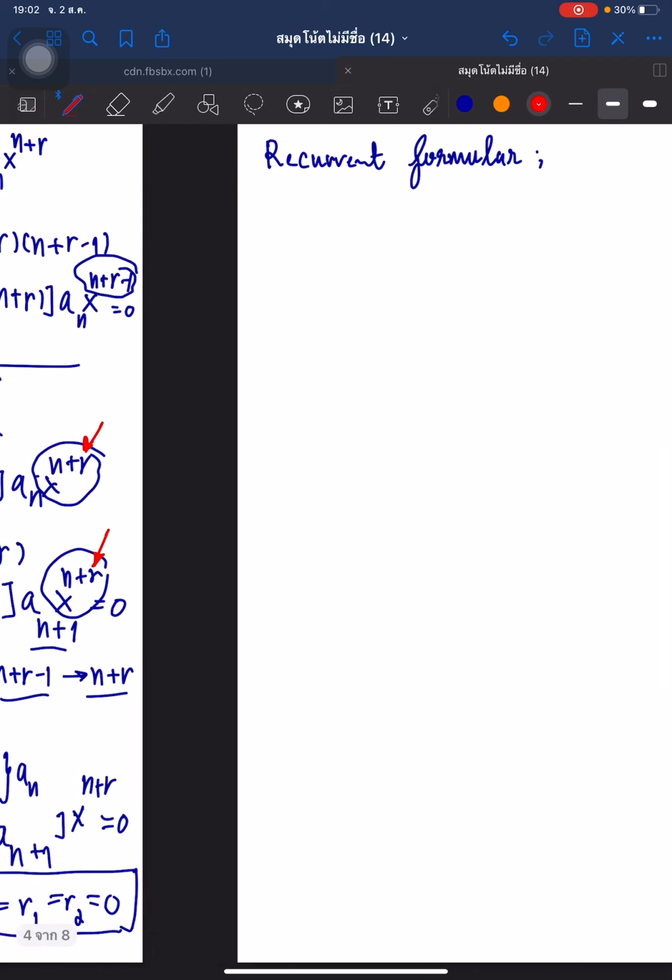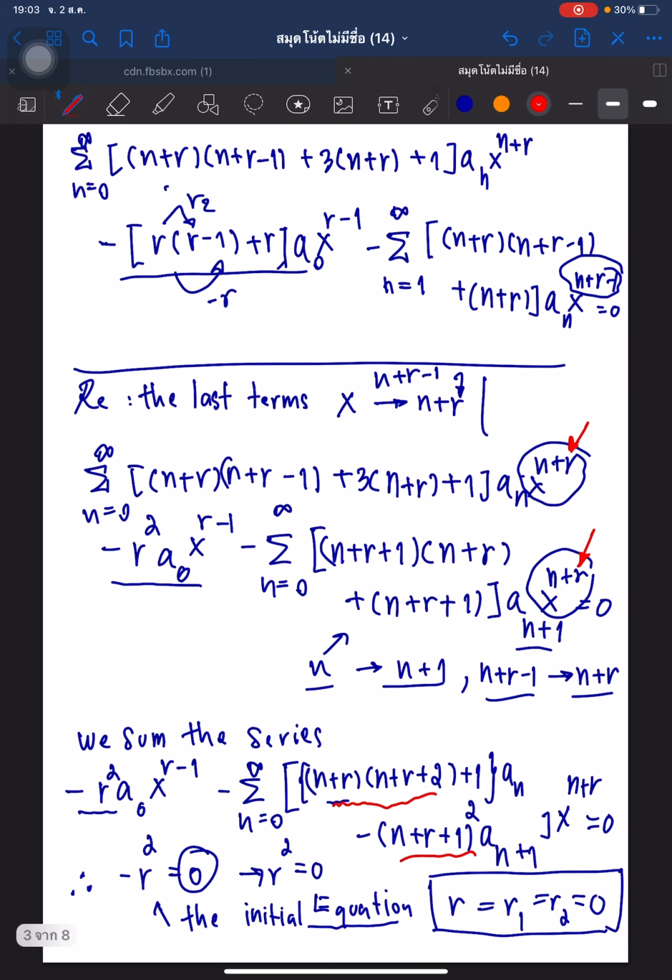Okay, we rewrite this in the next page. n plus r plus n plus 2 plus 1 a n minus in the bracket r plus n plus 1 all squared a n plus 1 let equal 0, from the step to get it from the Frobenius method.